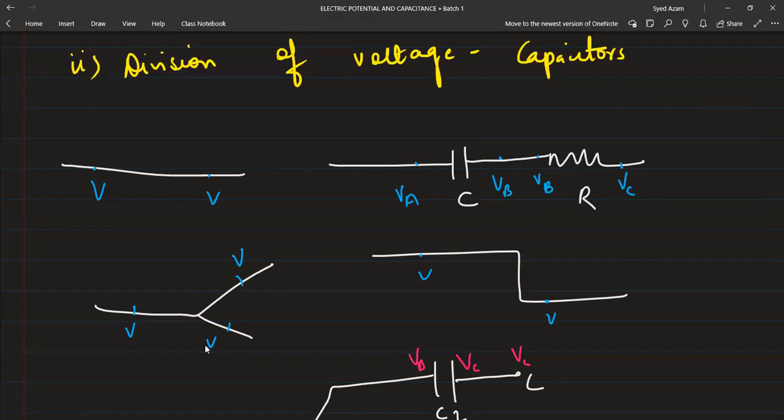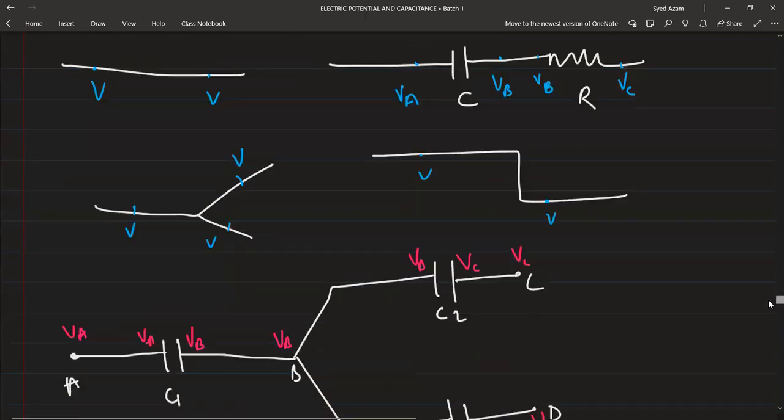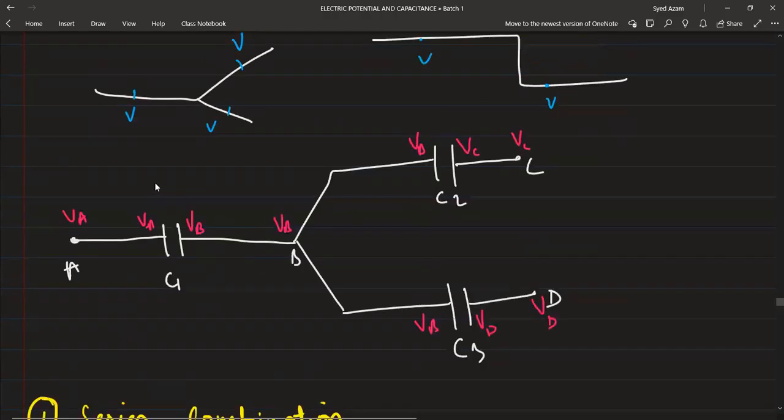So devices change the voltage. Branching does not affect your voltage. Even if here it is V, it will be V only. Bending of wire and branching of wires do not affect the voltage. Devices like C1, C2, C3 affect it.